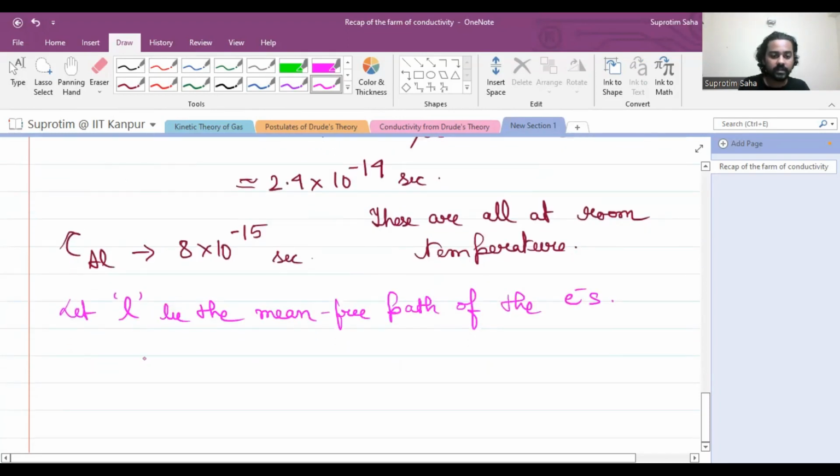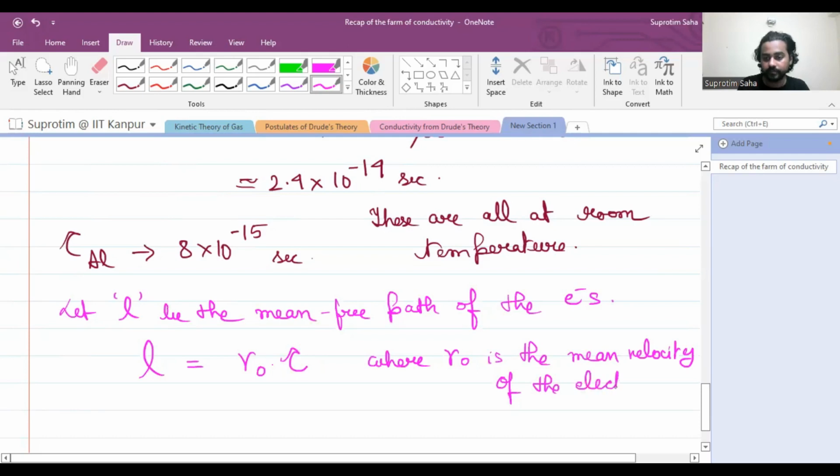Then L is given by V naught into tau, where V naught is the mean velocity of the electrons.